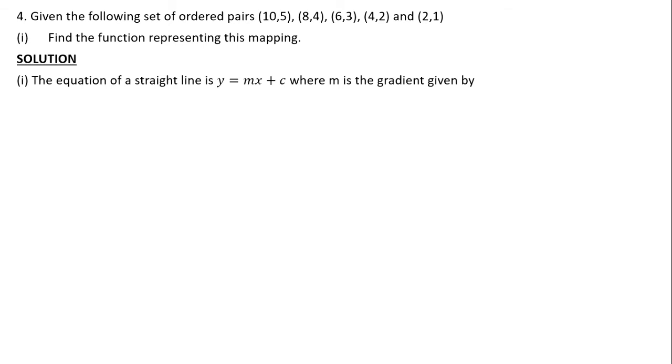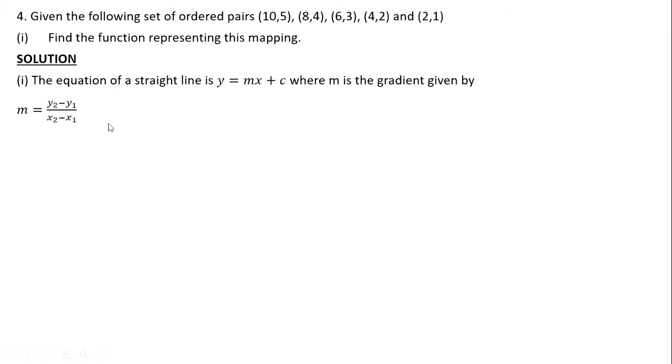Given the following set of ordered pairs, (10, 5), (8, 4), (6, 3), (4, 2), and (2, 1), find the function representing this mapping. We are going to start. The equation of a straight line is y equal to mx plus c, where m is the gradient given by m equal to y2 minus y1 divided by x2 minus x1.